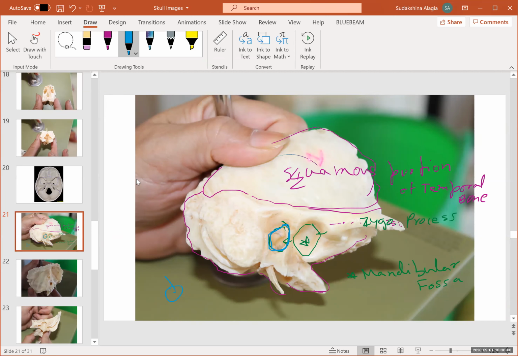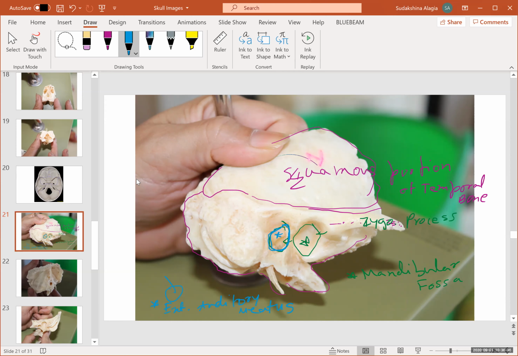This groove is actually where your ear canal, your auditory canal, is. So a bony groove can be called a meatus. This is referred to as the external auditory meatus.